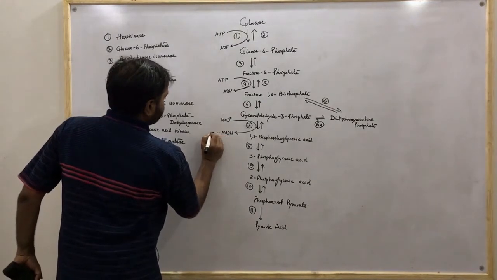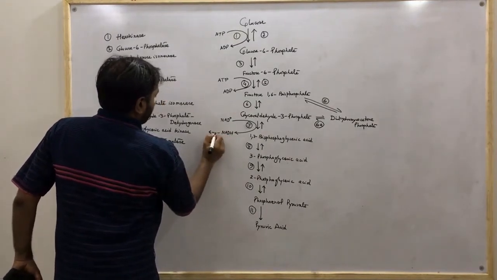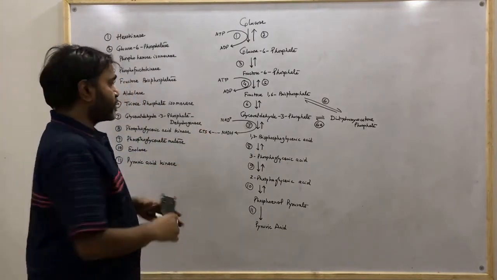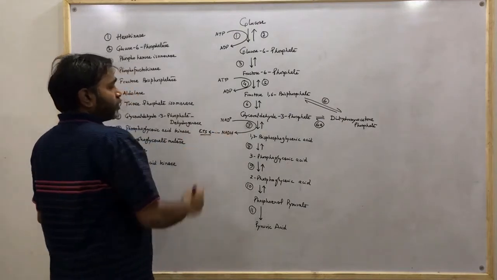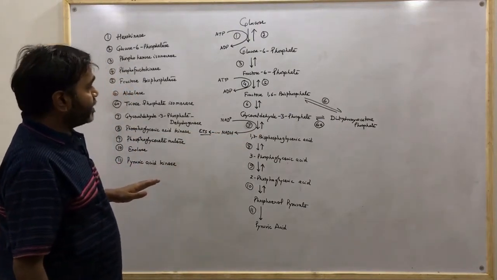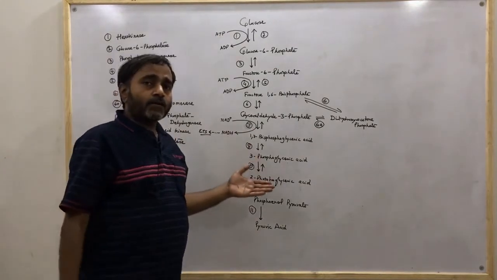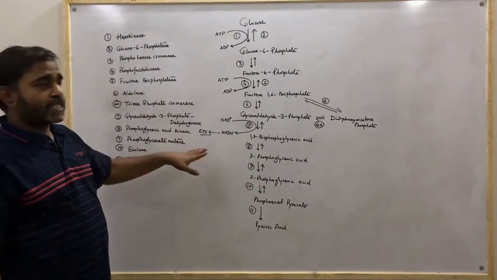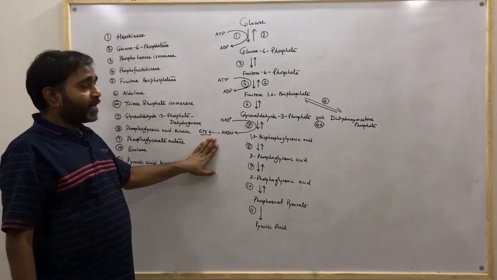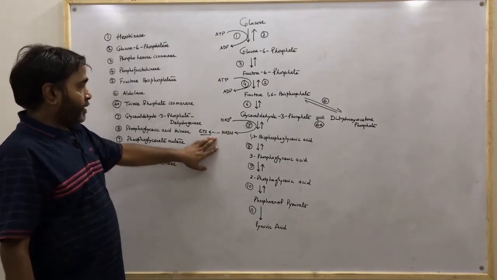So we may just indicate it here as ETS, that is electron transport system. So here the electron is getting transferred from this particular position, and since glycolysis is taking place in the cytoplasm, it will go to the inner mitochondrial membrane by entering into the mitochondria.